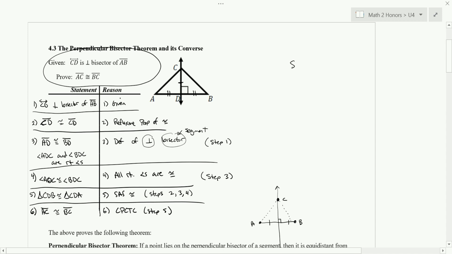You say, okay, we've got our statement and reason. You know how to write the first statement: CD perpendicular bisector of AB, and that's given.